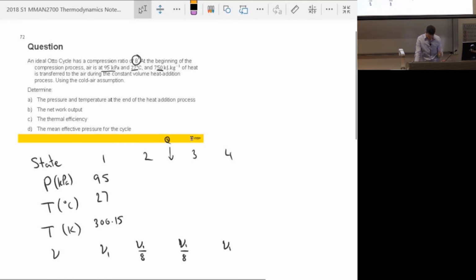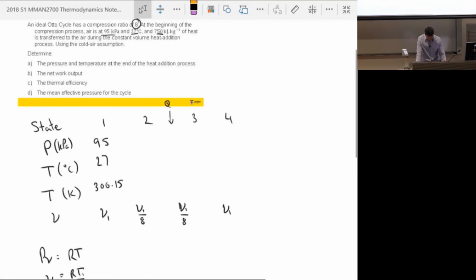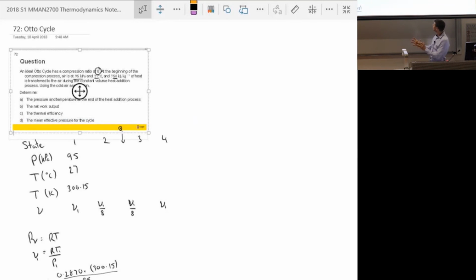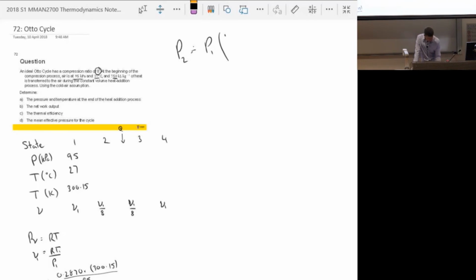The first thing we could do is calculate the pressure and temperature at state 2 based on the known compression ratio. Pressure 2 equals pressure 1, difference in volumes, to the power of K. And that is from P1 V1 to the K equals P2 V2 to the K, because it's a closed process with an ideal gas.